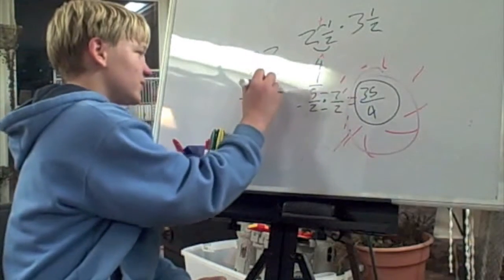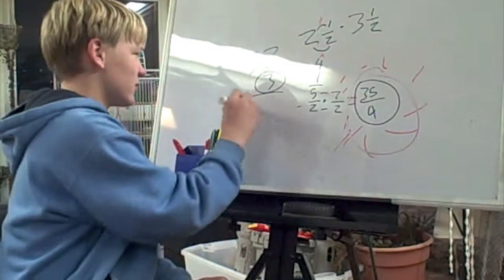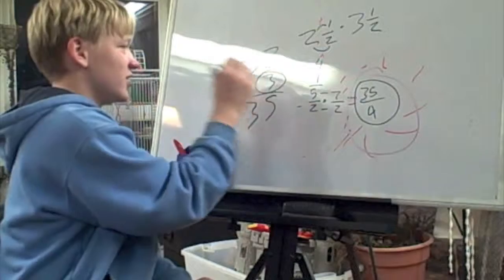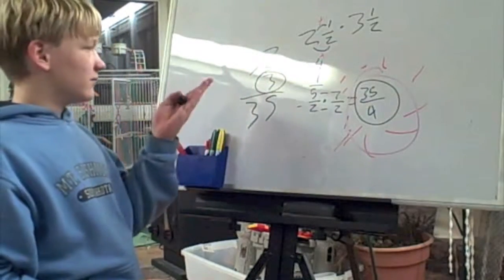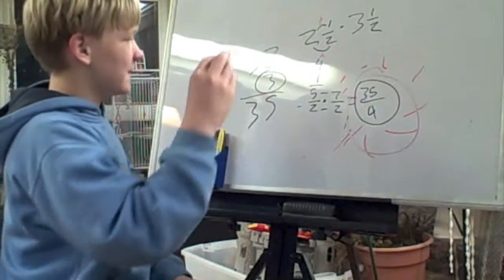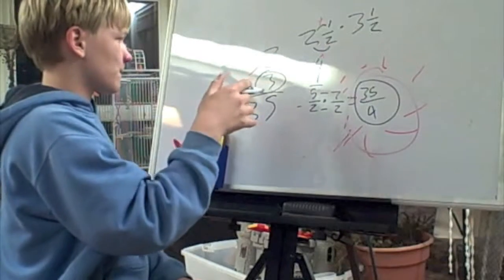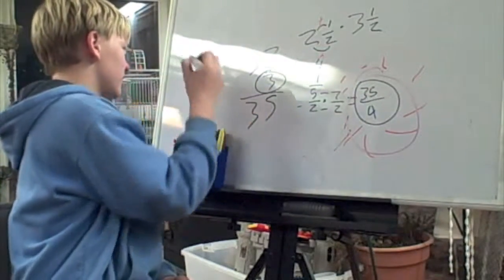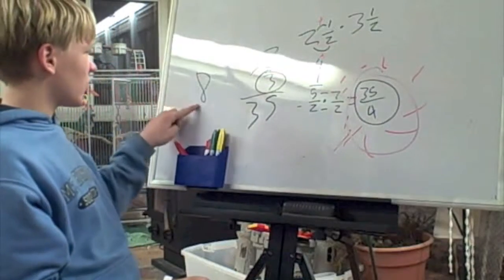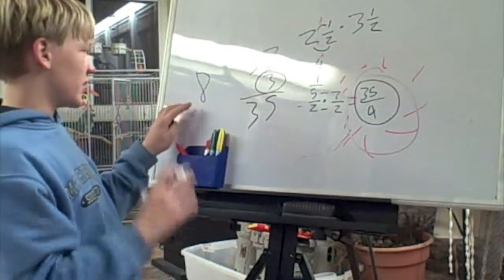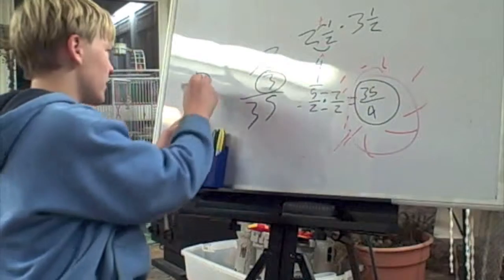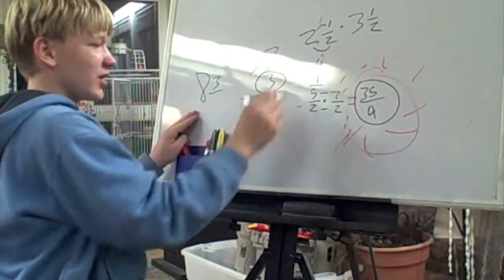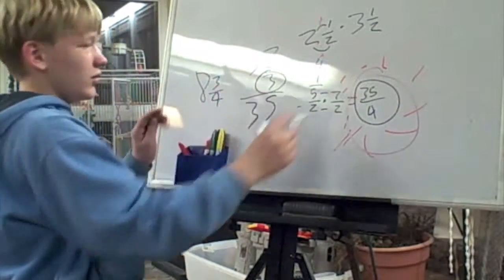So you'd end up, since this 3 is your extra, then you would have 8, because that is your whole number, and 3 your leftover, and 4 your denominator.